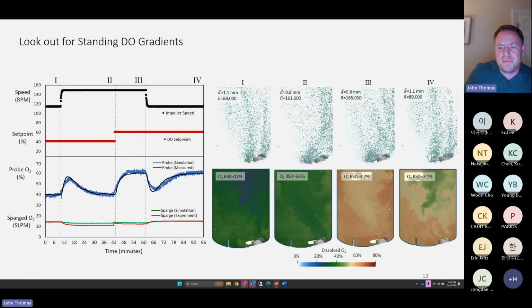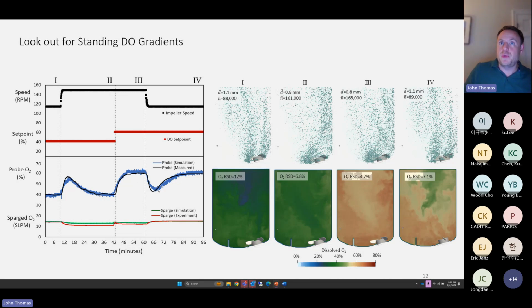Likewise, at this higher target speed here, we see that we achieve our target value. And to some extent, we have better homogenization at this higher impeller speed. Once we drop down to 115 again in terms of impeller speed, even at the higher set point, we instead see a 20% variation in DO levels across this vessel due to the choice of operating condition. And this is very compelling to our biopharmaceutical operators because, yes, we can confirm that the code is right by looking at the steady state response and the response of the probe to step changes.